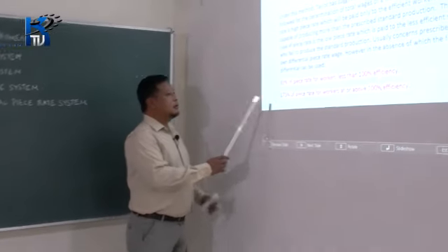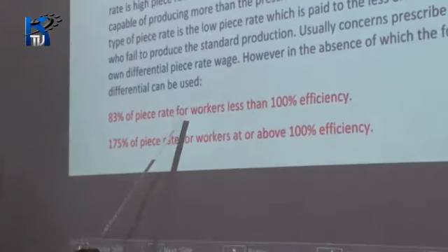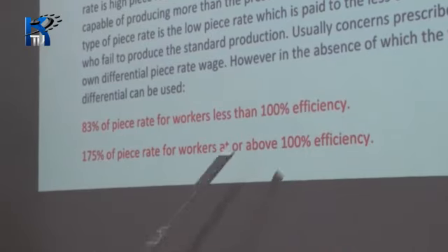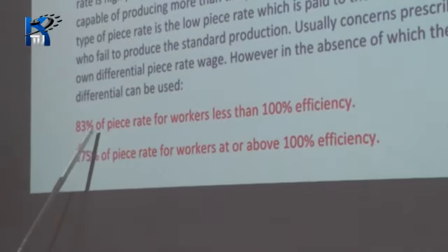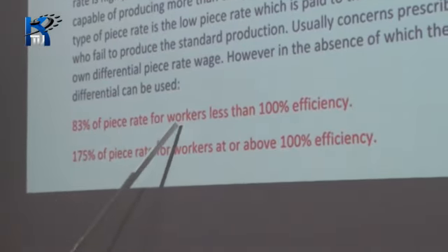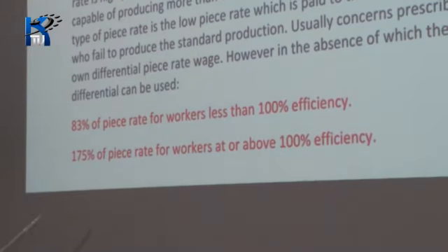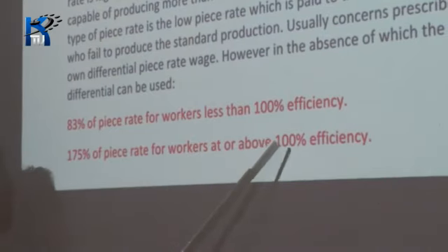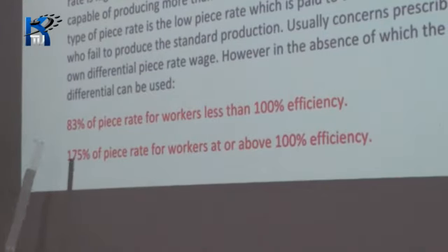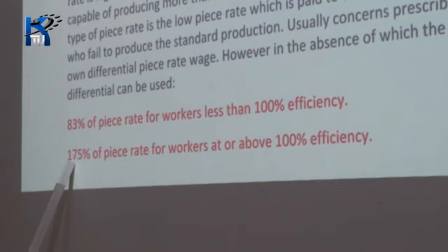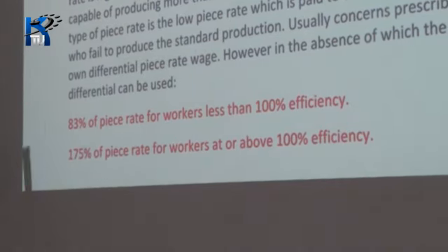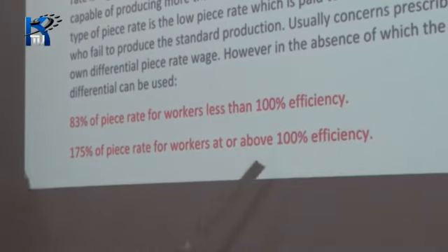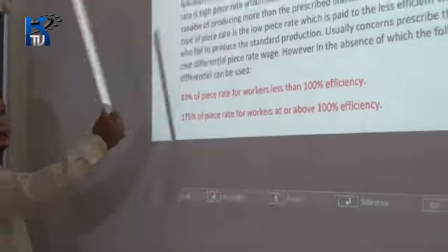You can see here, when the workers produce less than 100% efficiency, only 83% of the piece rate is paid to the inefficient workers. Whereas when workers work at or above 100% efficiency, they will be paid at a rate of 175% of the normal piece rate. So you have to remember these differentials provided by Taylor.